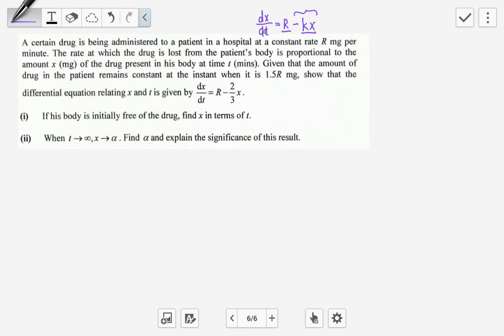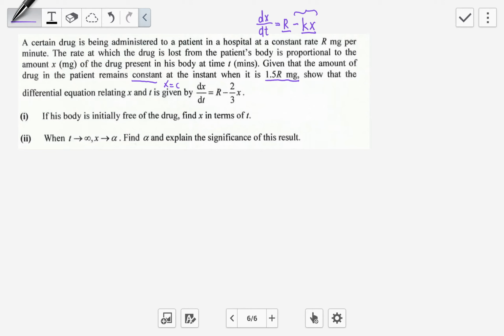So this would form the differential equation. Then, given the amount of drug in the patient remains constant at the instant when it is 1.5R mg, that means x remains constant when the drug amount is 1.5R mg. So the rate of change of drug in the body is 0.